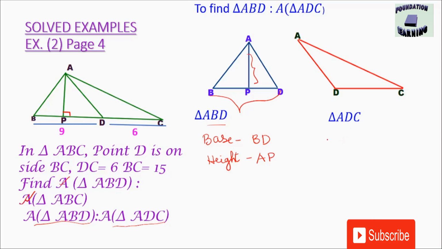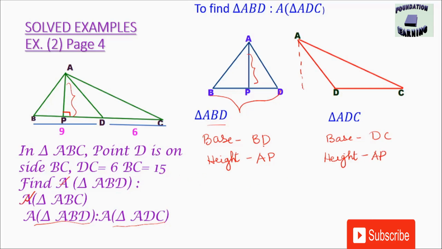In ADC, the base is DC and the height is, now as I told you, this is an obtuse angle triangle, so the height will be outside. I had told you that the height is the same for all the triangles. So the height is AP.